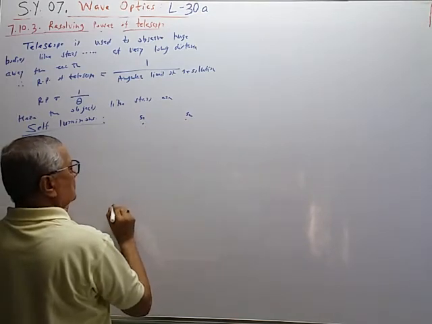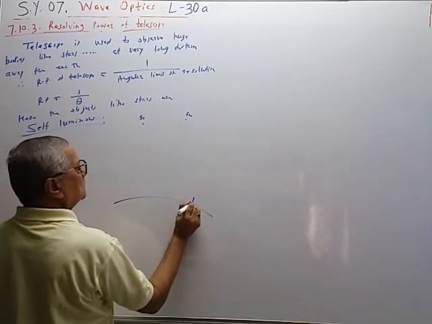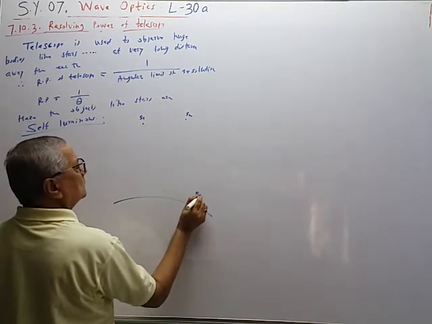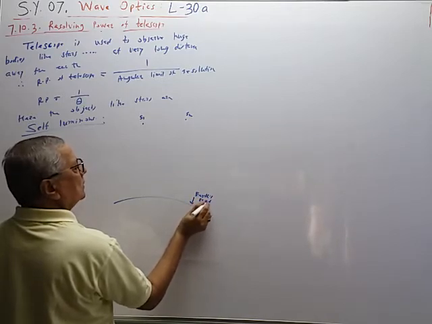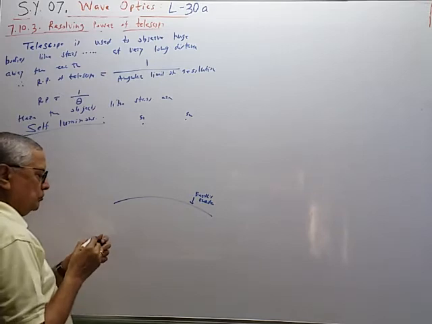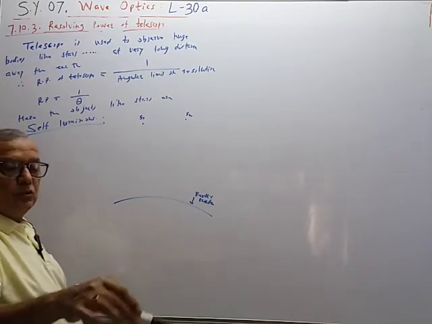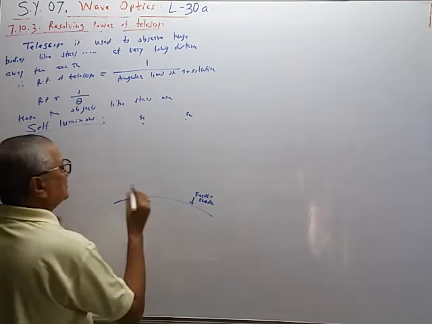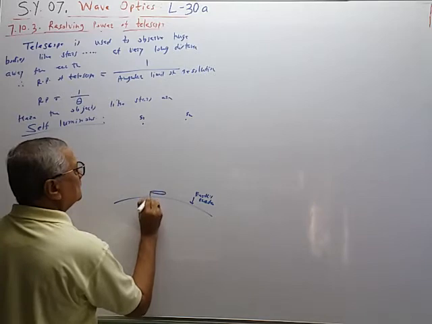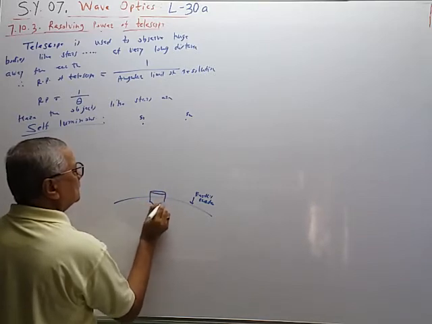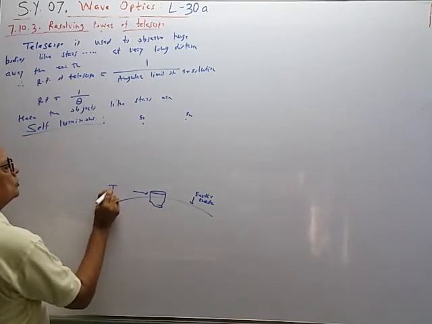This is the surface of the earth. Earth surface. This is a telescope mounted on the surface of the earth. Telescope.